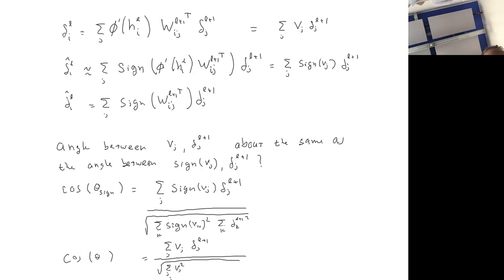Sorry, sum on K, squared, times the sum on K of delta K L plus 1 squared. So the difference is really in the sign here, the sign versus this.